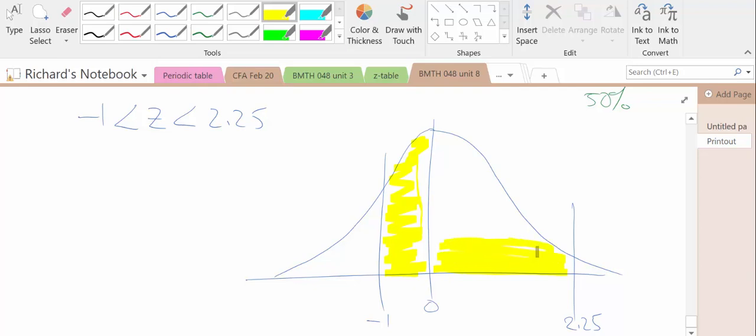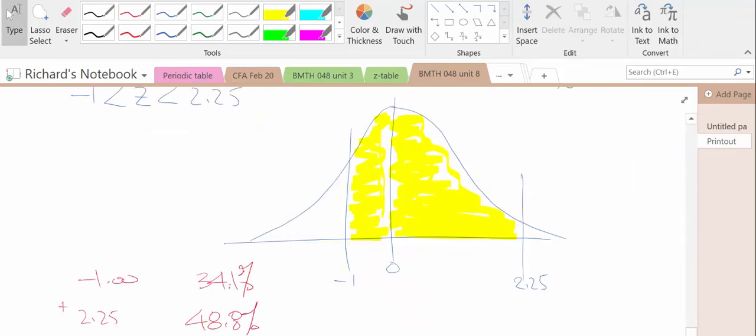So what you need to do is add the percentage of values between 0 and z of -1 to the percentage of values between 0 and 2.25. Let's get the percentages. 34.1% of the data is between 0 and -1.